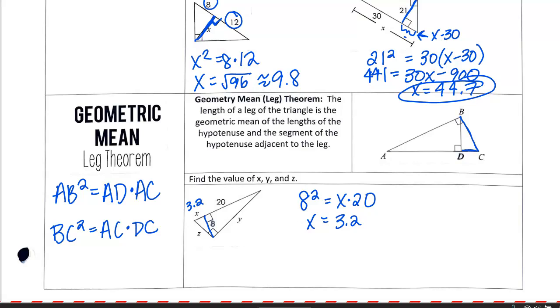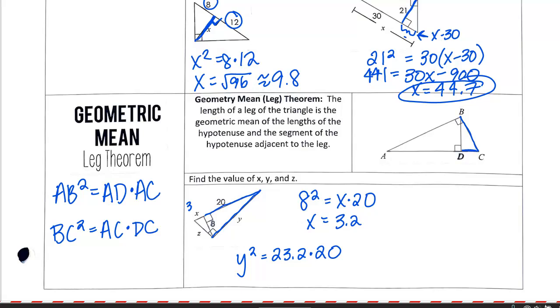All right, so now let's find z and y by using those leg theorems. So let's first find y, which again, we don't need that altitude. It'll be y squared, and it's going to be, remember, the entire hypotenuse, 23.2, times that piece that's adjacent to it, which is 20. Because that is touching.